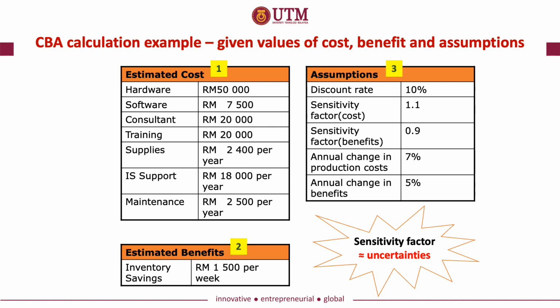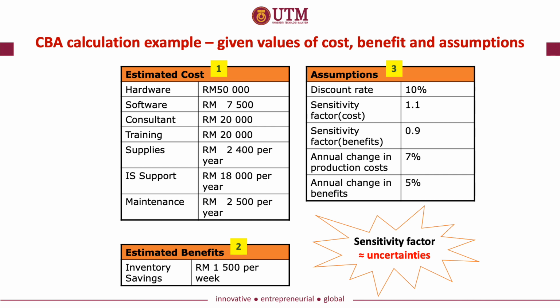Hardware, software, consultant, and training criteria are all development costs because these are costs incurred at one time before the new system is installed in the client organization. Supplies, IS support, and maintenance are all production costs because these are costs recurring during the operation of a system.